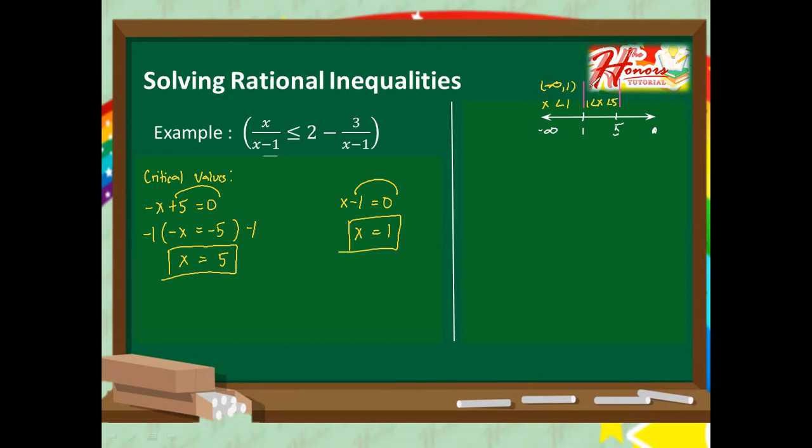But you can also write 1 and 5, simply as this. Next, for this, you can have x is greater than 5. That's it. Or you can have 5 and positive infinity.